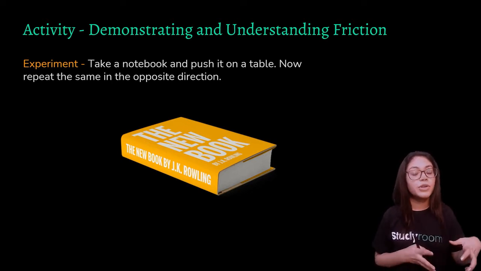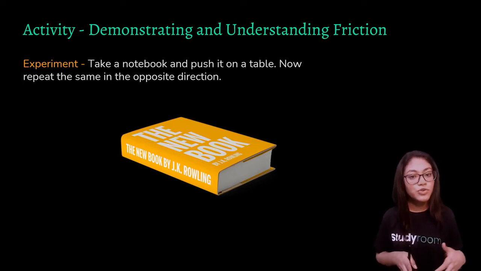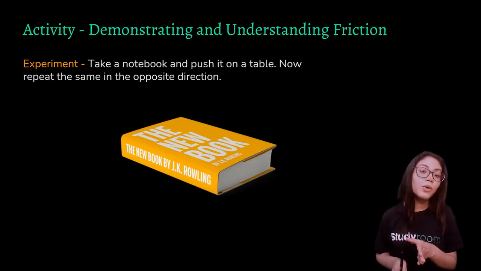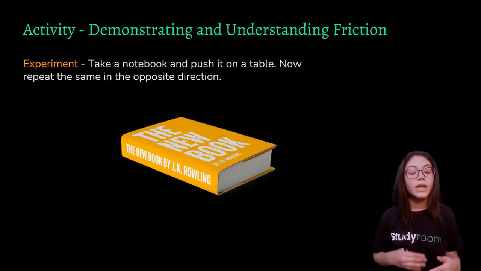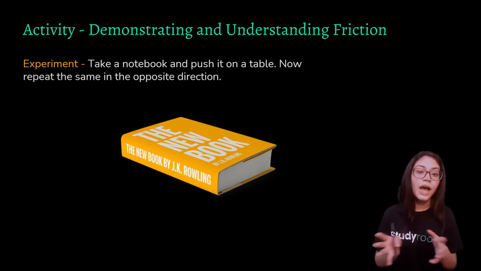Firstly, we push it in the right direction, and eventually, we'll observe that the book stops. Now, we do the same activity, we move the book on the left side, and in that direction as well, the book stops.